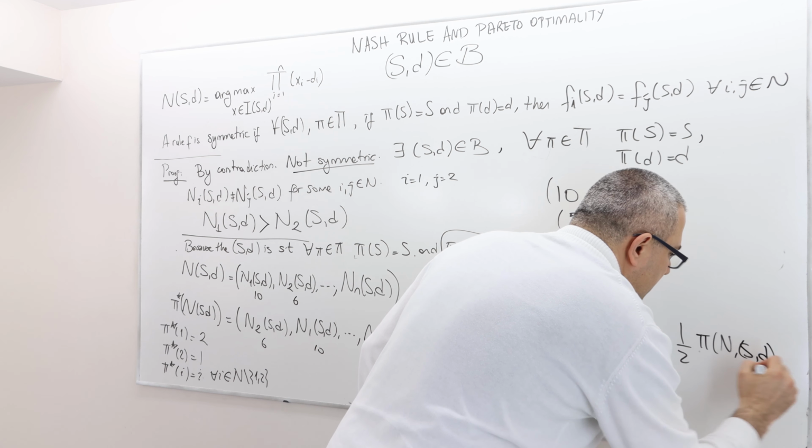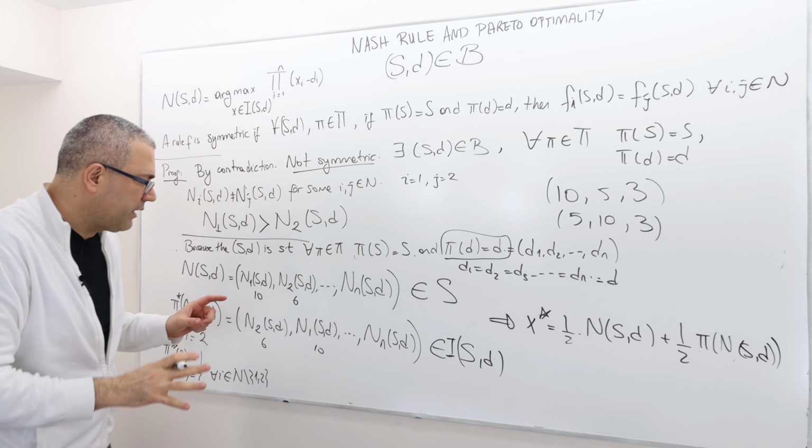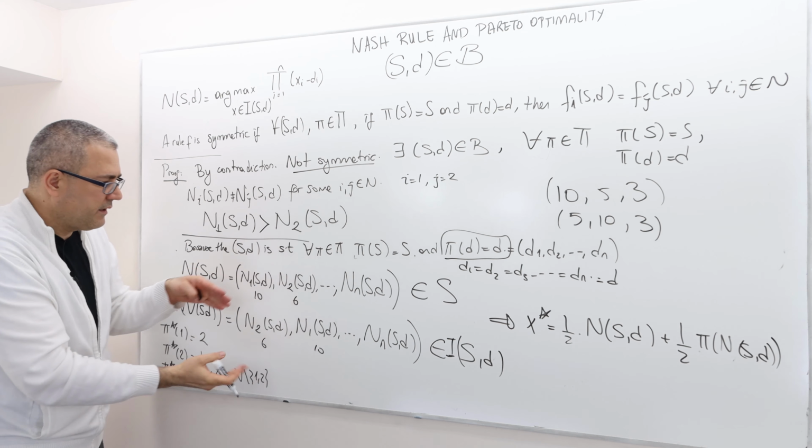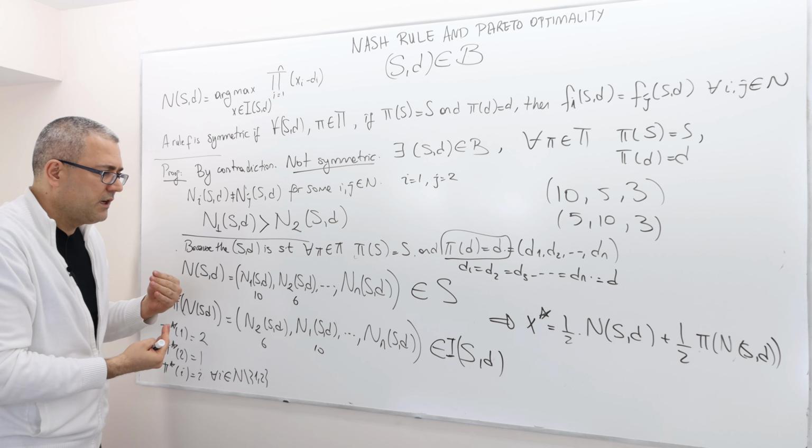Okay, so do you see what I'm doing? I am taking a convex combination of these two vectors.